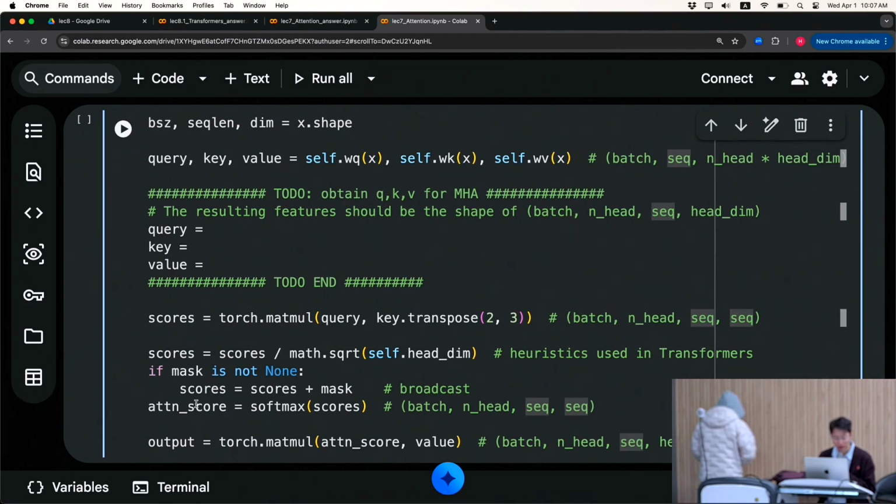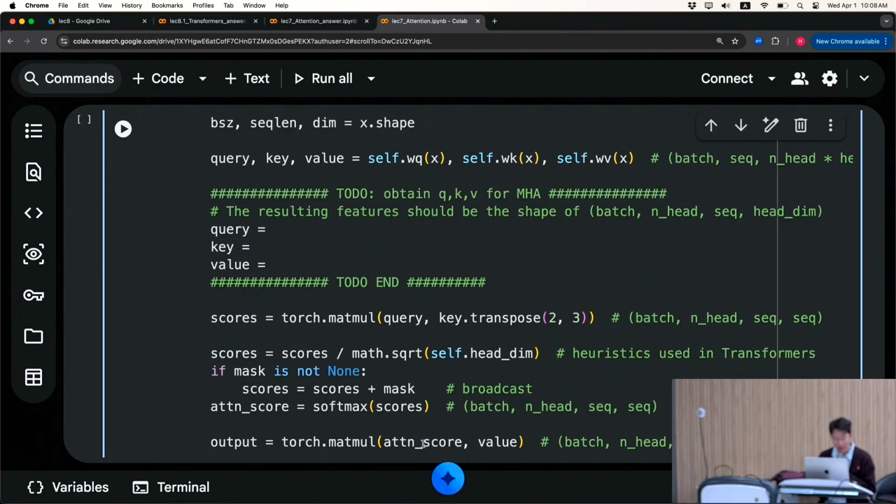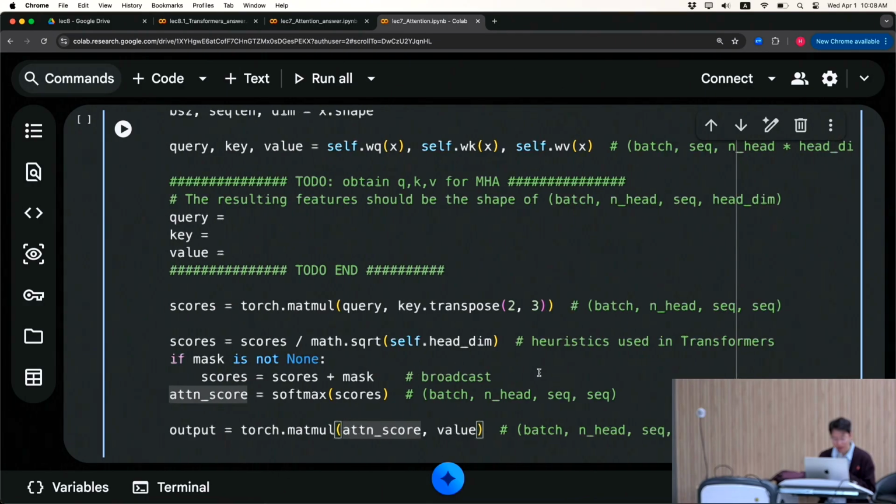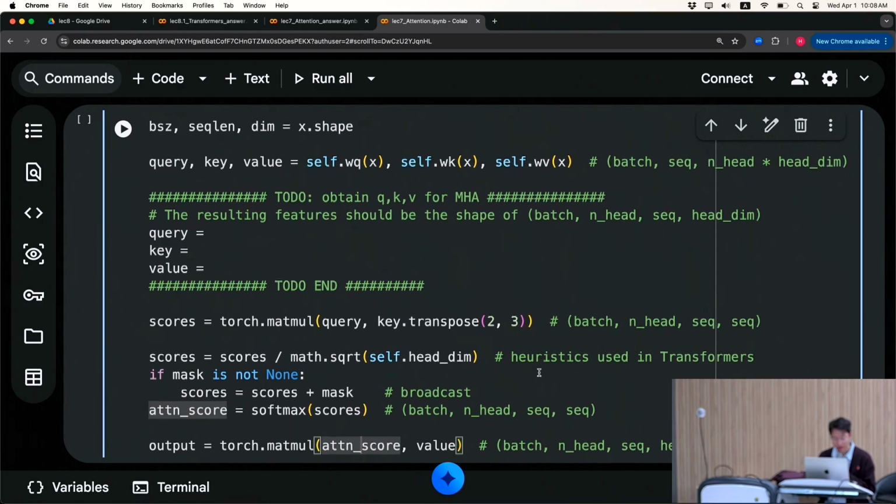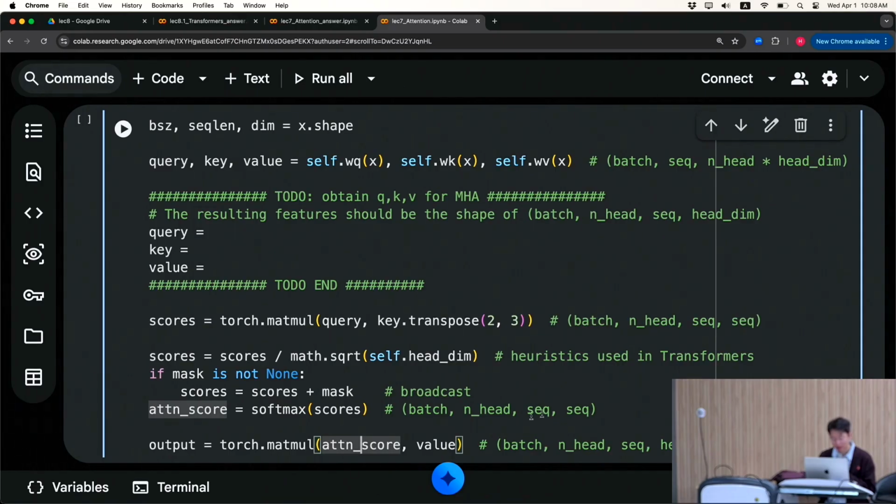We're going to multiply this guy with this guy. Sorry, I got confused a little bit. So this is of size batch size, number of heads, sequence by sequence.